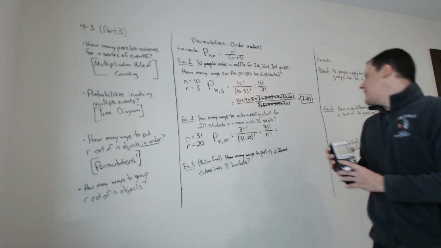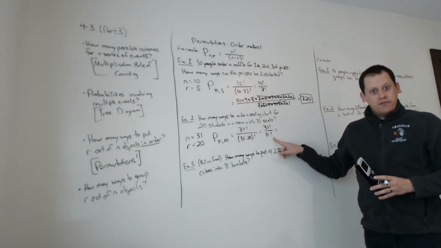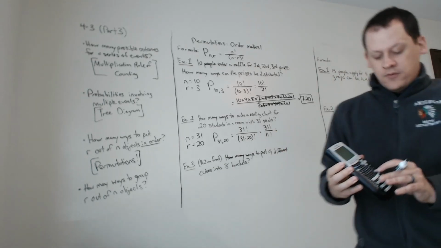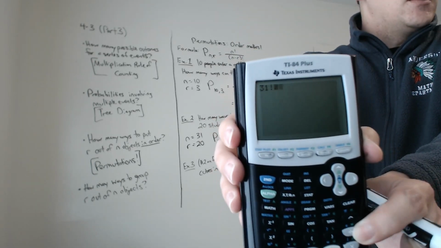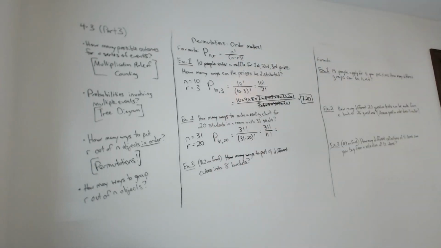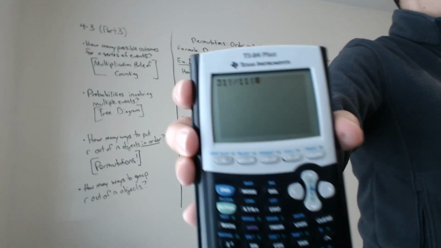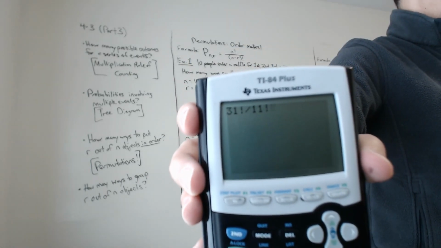So what we want is that divided by 11 factorial. So you can just go ahead and do all that at once. I've got 31 factorial. I'm going to divide by 11 factorial. Okay, just going back to PRB, down to that exclamation point. 31 factorial divided by 11 factorial.